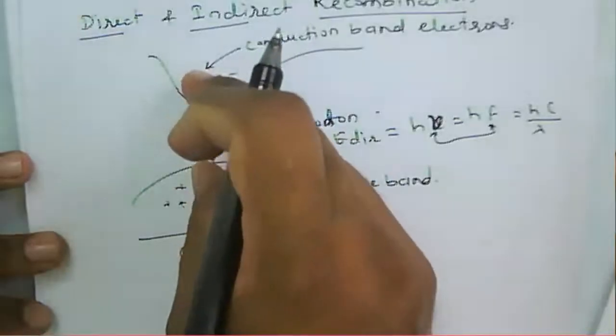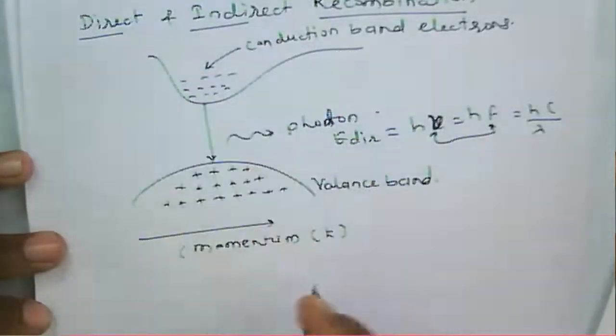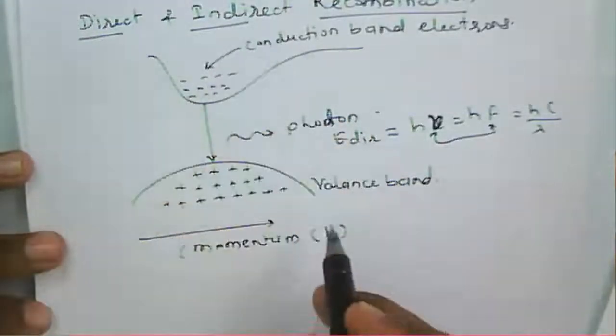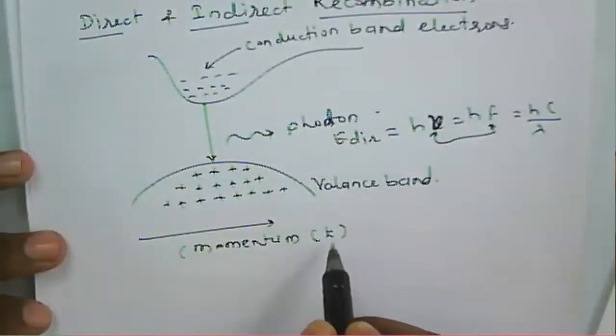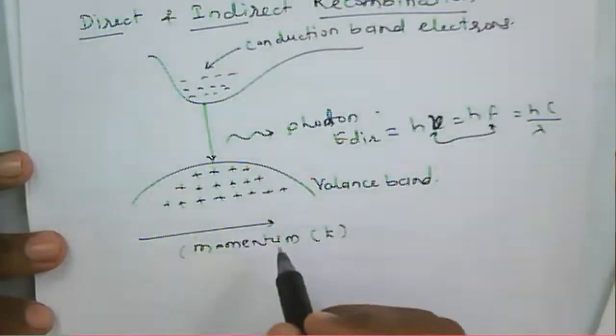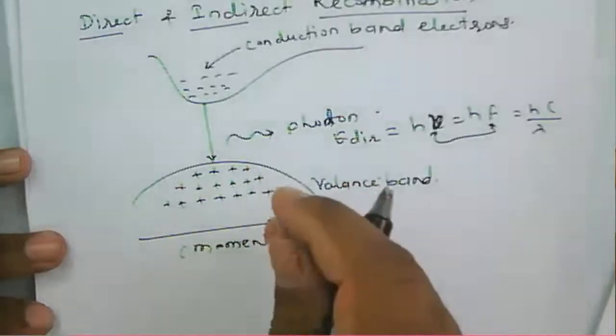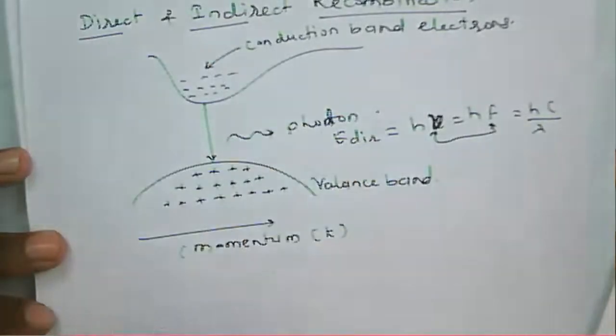If you see, both lie at the same point, and whatever the momentum of this electron, the momentum at this particular energy is the same. So that is about direct recombination.